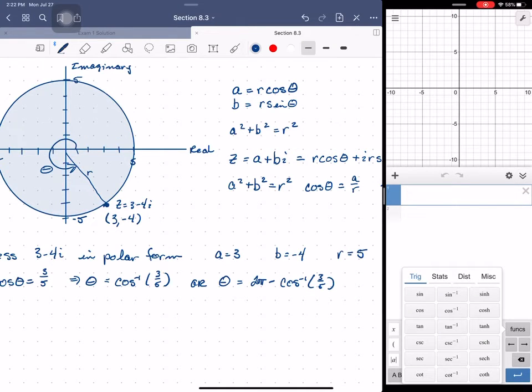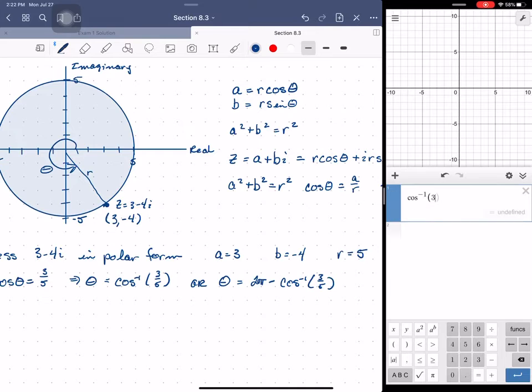So the inverse cosine of 3/5 is 0.9273. Take 2 pi minus that: 5.3559.